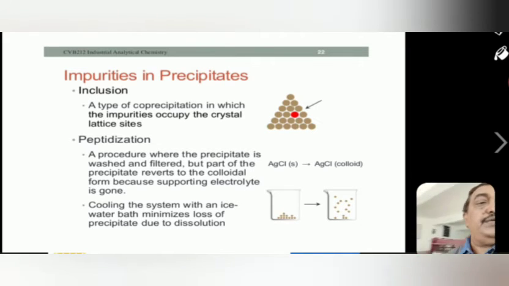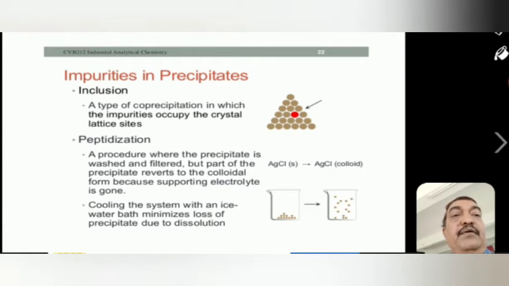That is, the colloidal particles again occupy the surface area of the original crystals. So that is nothing but peptization. Peptization is a process in which the colloidal particles of the same material, when they are formed after cooling, will again coat over the surface of a precipitate. So that results in the formation of peptization.